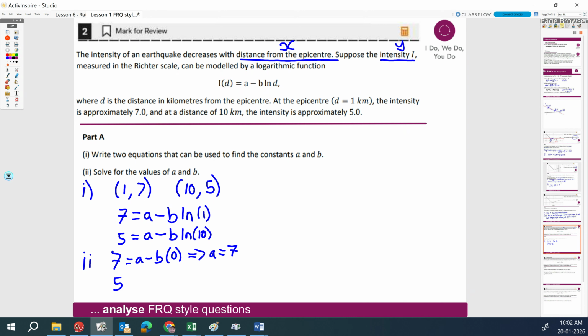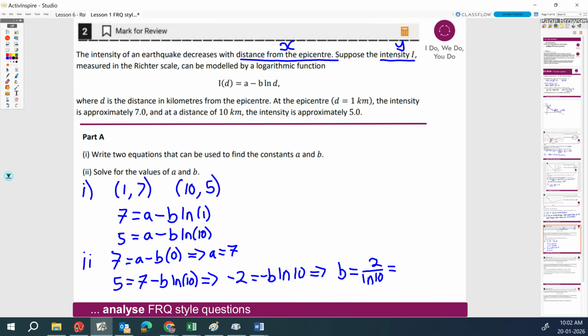Then we can put this in and we get 5 equals 7 minus b ln 10. So 5 minus 7 gives -2, which is equal to minus b ln 10. So b is equal to 2 over ln 10.